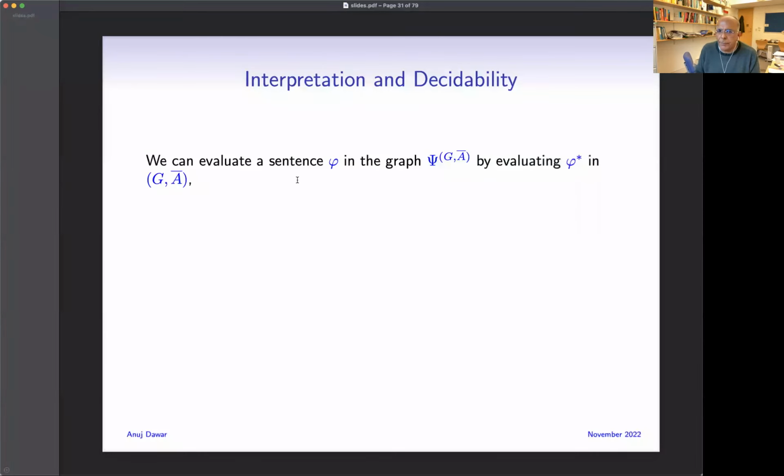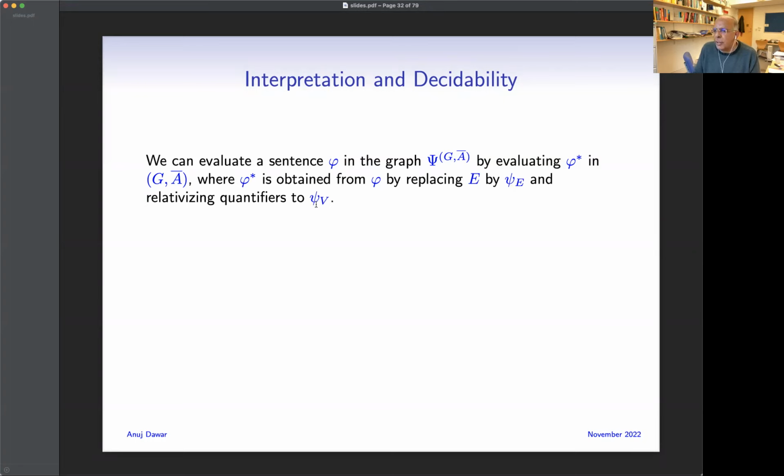So here we go. The point is, if I give you an MSO sentence, and I want to evaluate it in the graph, which is the image under this interpretation of some graph G and under A, then I can do that by evaluating a certain sentence phi star in the original graph, where I simply get phi star by replacing in phi the edge relation by its definition and relativizing all the quantifiers to psi v, right?